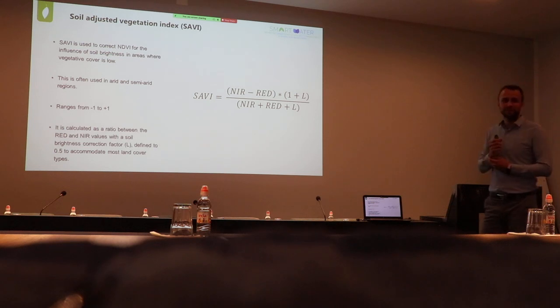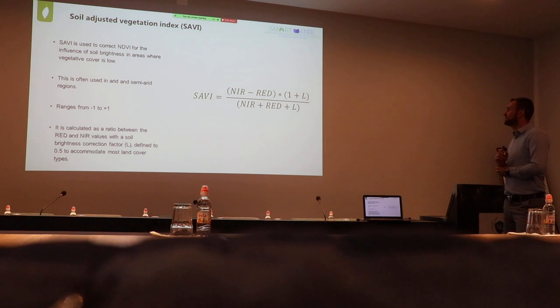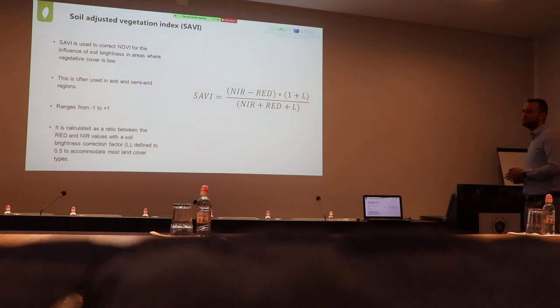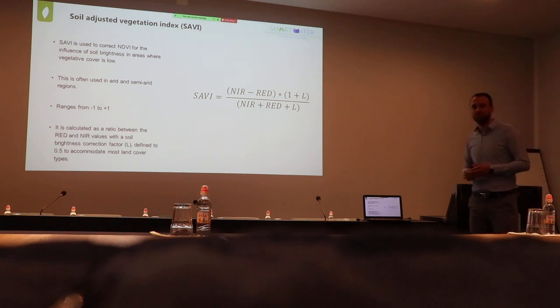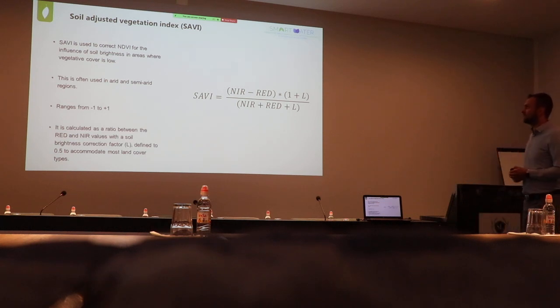The next vegetation index that we calculated was SAVI, the soil adjusted vegetation index. We used SAVI to correct the last one, the NDVI index, for the influence of soil brightness in areas where vegetative cover is low.